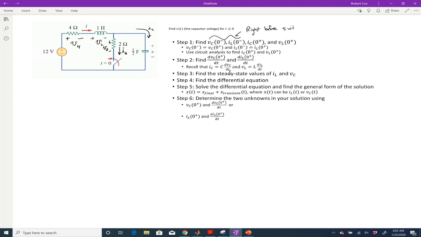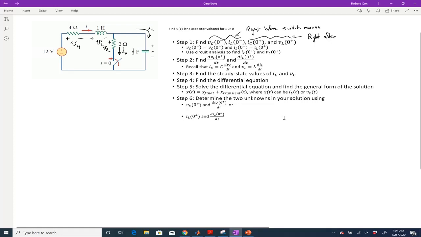And these guys over here, we find right after, okay? So there's really kind of 2 sub-steps here. In reality, because I've asked you for the capacitor voltage, I really only need to find V sub c of 0 minus and I sub c of 0 plus, but we'll find them both, I guess, just for good measure.